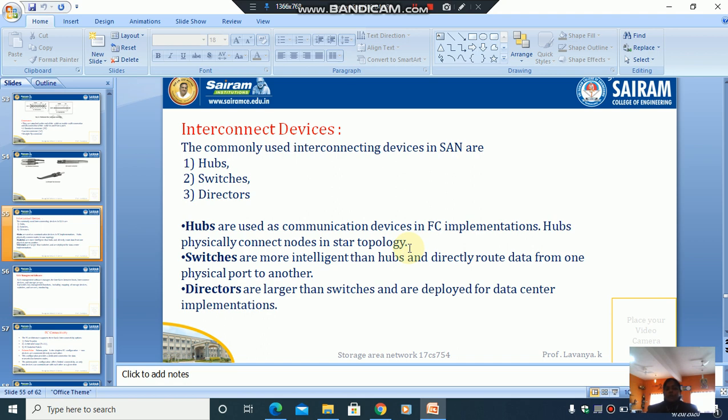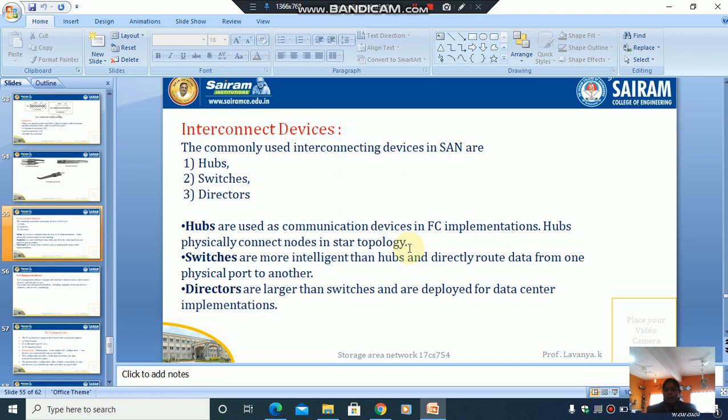You can use it for star as well as mesh. Here all the nodes are interlinked together, so the hub is very useful for making connections between all the nodes. We can also transfer the data through the hub to all the nodes.